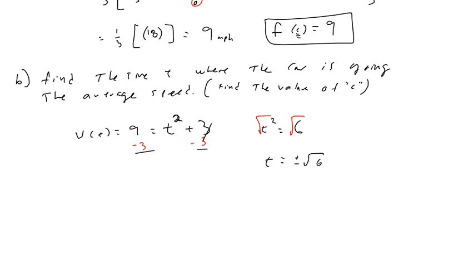Square root of 6, if I do that calculation in a calculator, is about 2.45. 2.45 hours. At about 2.45 hours, that's when we are at the average speed that we've gone.